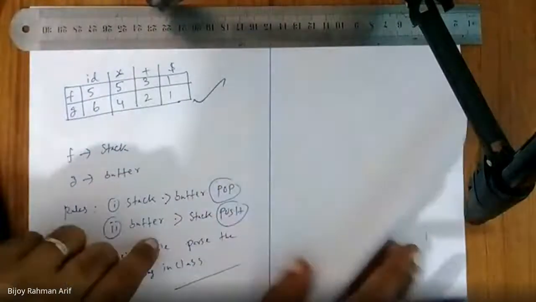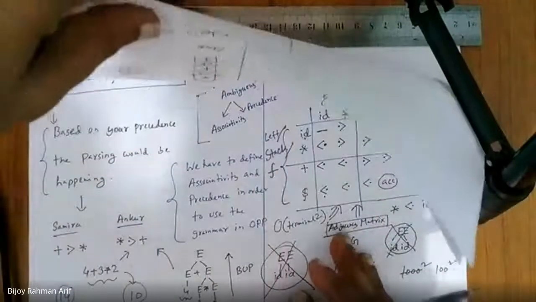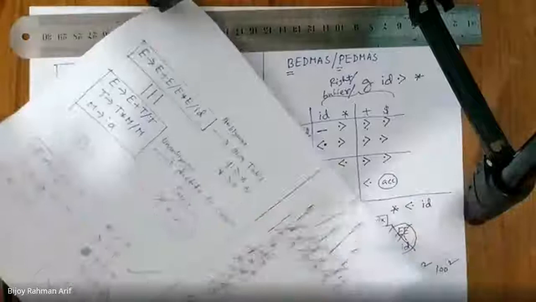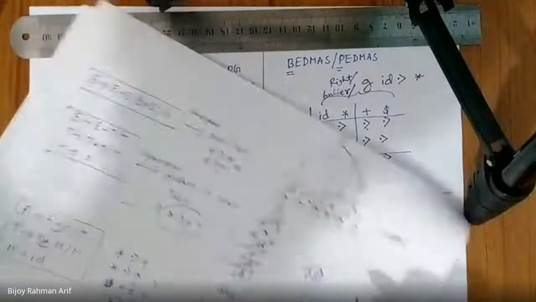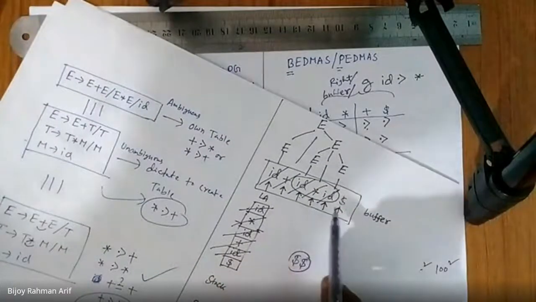Sir, I had a question regarding the homework. Using which table and which string? So this is the table, and the string is also given. This is the string: ID plus ID star ID.